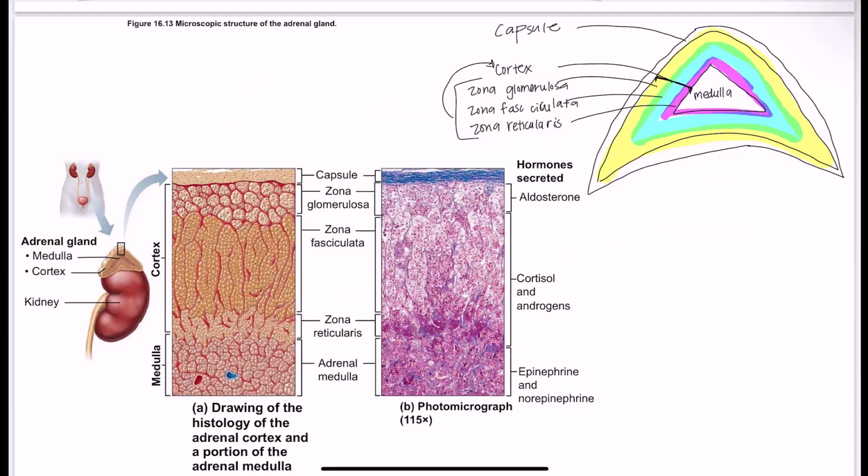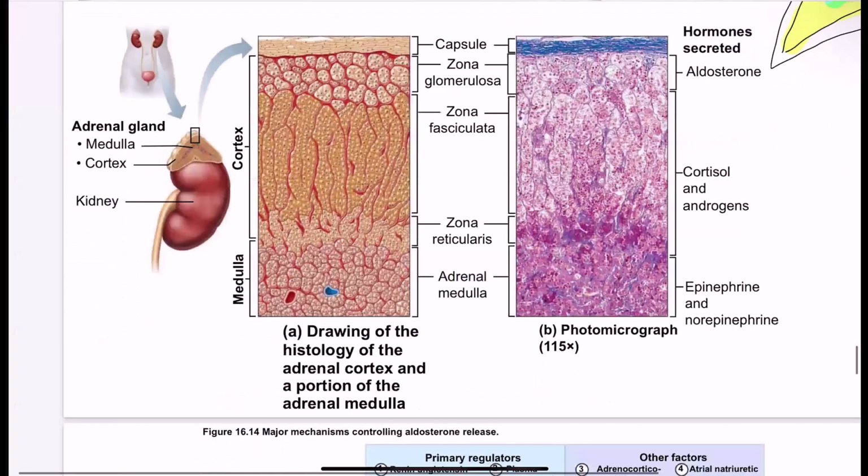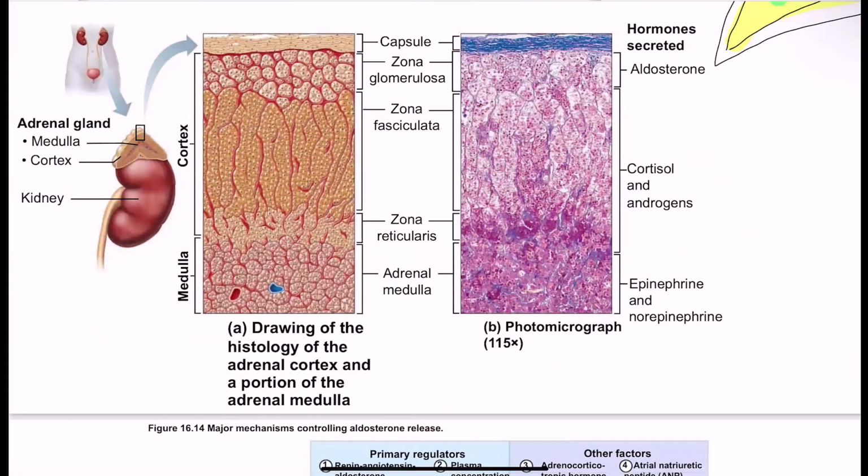Okay. Here, I really like this picture from your textbook because it shows where the adrenals are, here's a little slice, and then here are some examples of each of those hormones that are secreted.